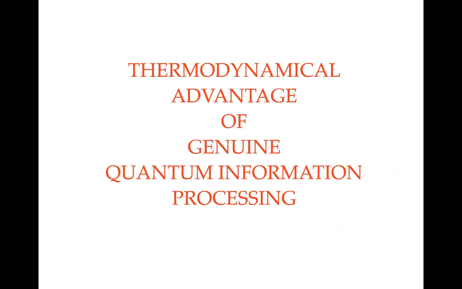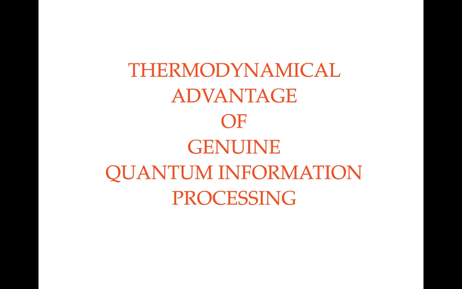All right, so now I would like to use the last 5 minutes to answer a question that was natural to me, and I don't know if it's natural to you. I found this result about cloning a bit striking. I was expecting that in quantum cloning there should be some thermodynamical advantage in processing the information in a genuinely quantum way, whereas it seemed that as long as I care only about accuracy versus non-equilibrium cost, classical and quantum are exactly the same.